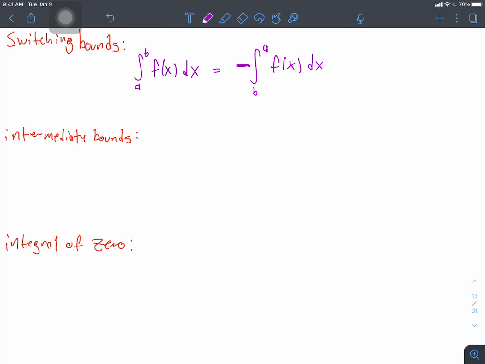What else do we have? Intermediate bounds. Okay, if I find the integral from a to b of f of x dx, i.e. the area from a to b underneath this function, and I add the area underneath f of x from b to c, f of x dx, then what do you think I'm going to get?